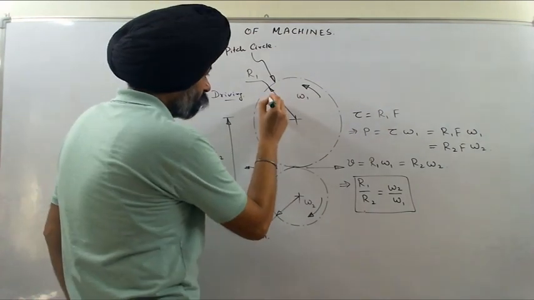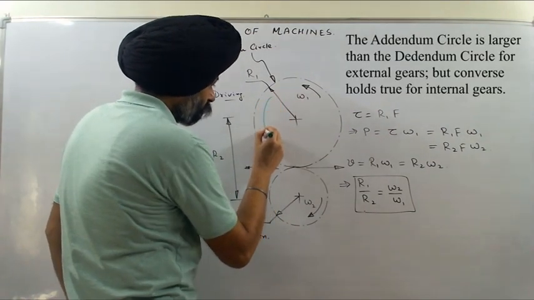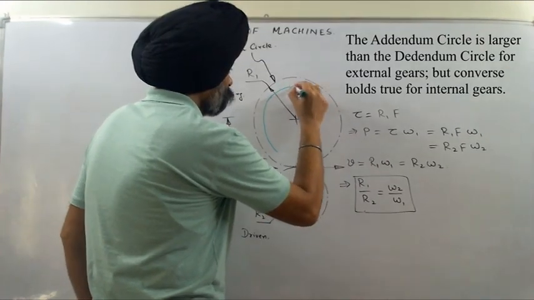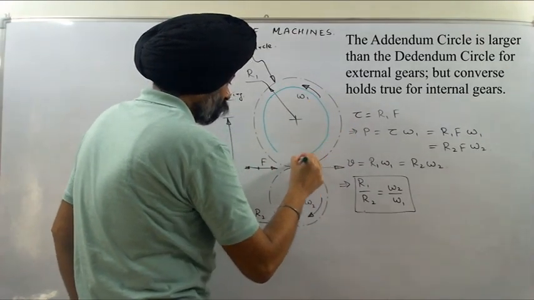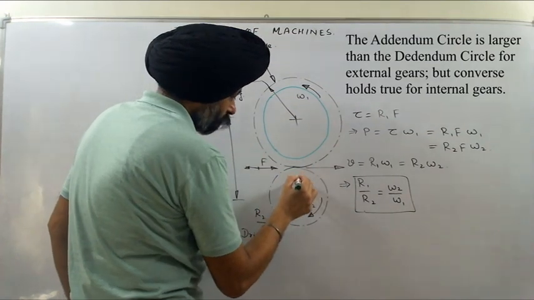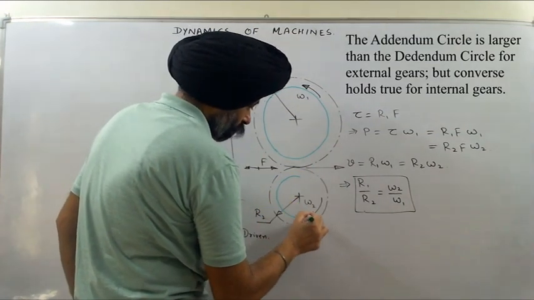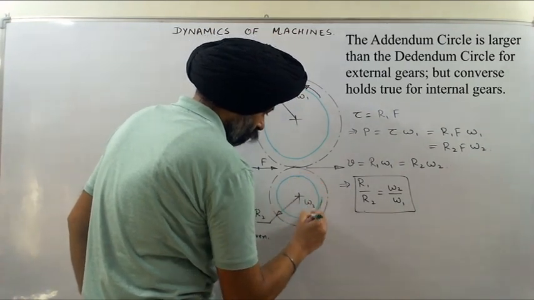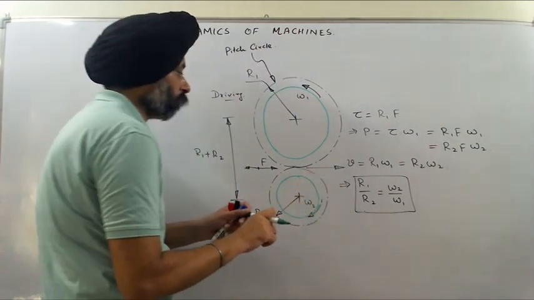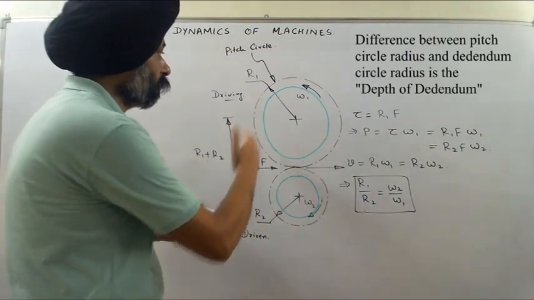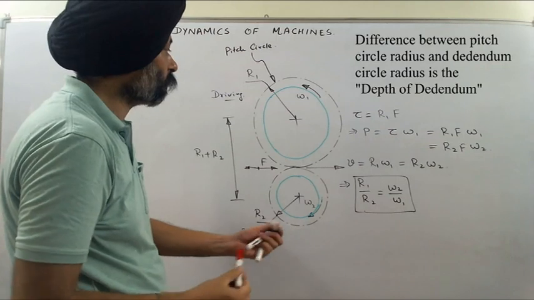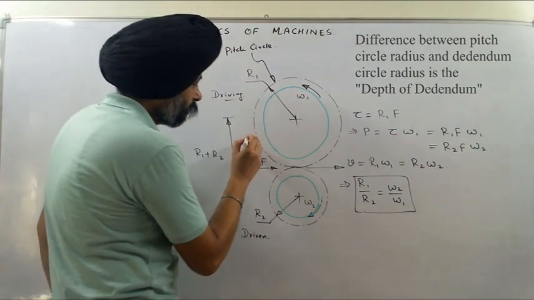Okay, let's draw two more circles here. Okay, I think that's decent enough. So these are the circles representing the depth to which the teeth are to be dug into the gear. And then we have the addendum circles.